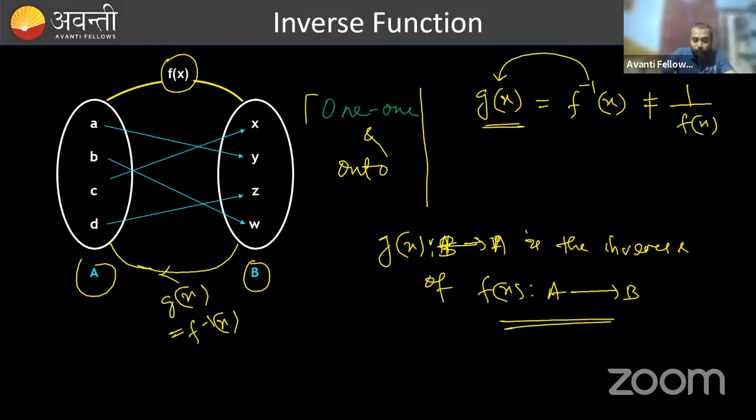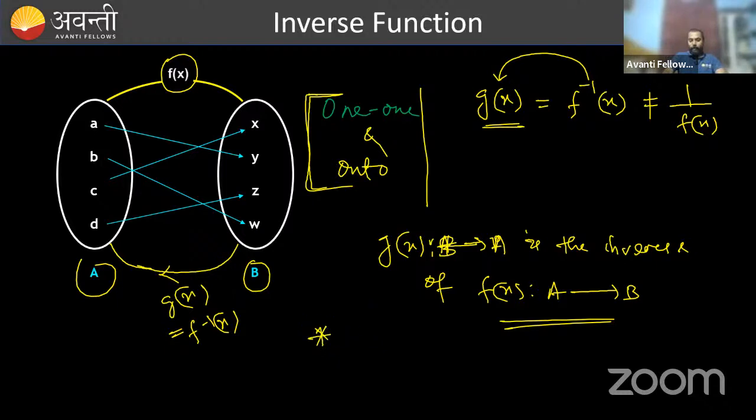And the most important condition is that for g of x to be invertible, f of x must be 1 1 and also onto. That means it must be bijective.